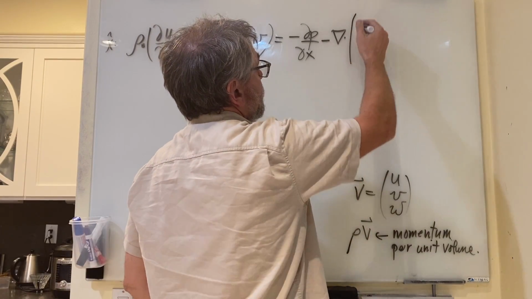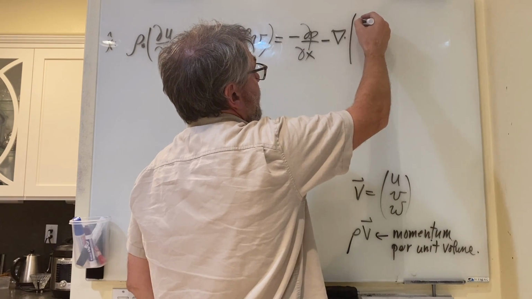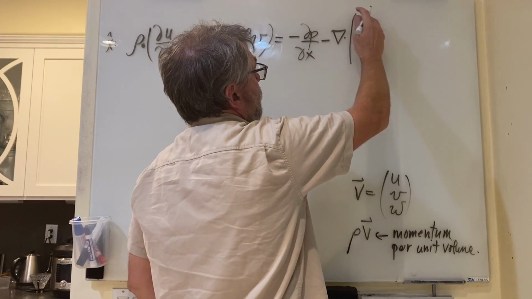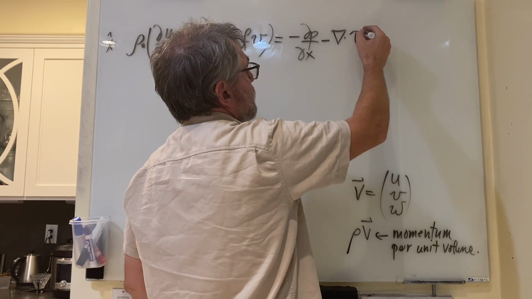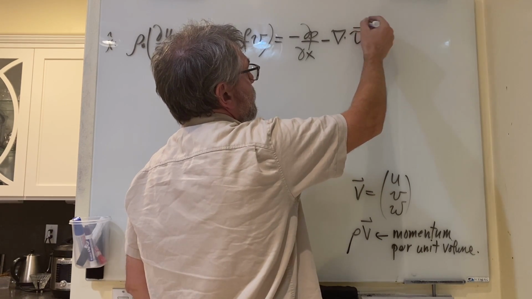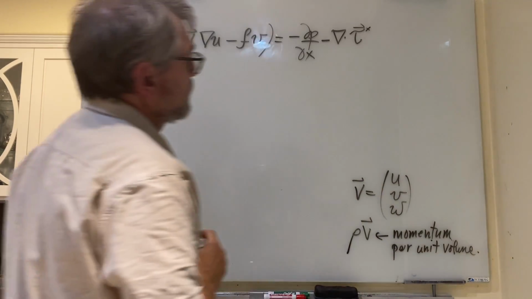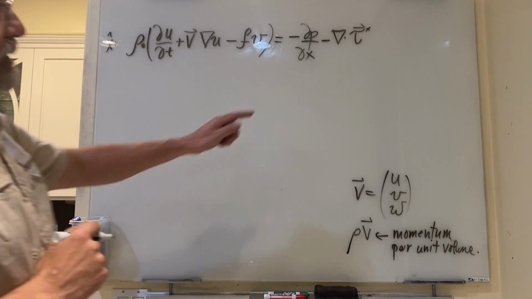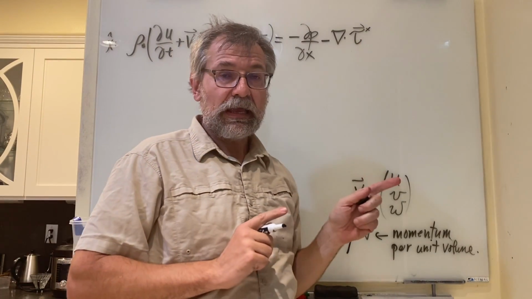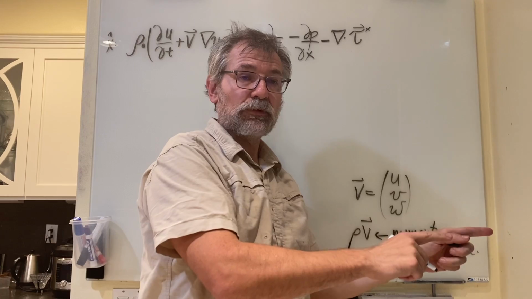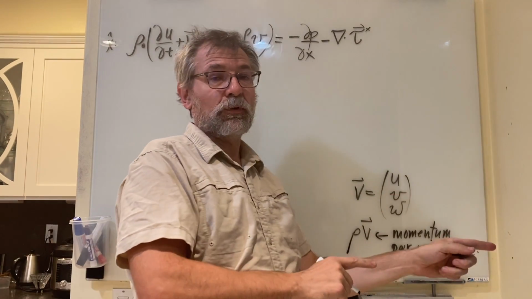And these, we're going to write them in vector form as, well, maybe I'll just write it as a vector, tau x. So why is it a vector if it's the x component? Well, it's because you can have eastward transport of the eastward component of momentum.